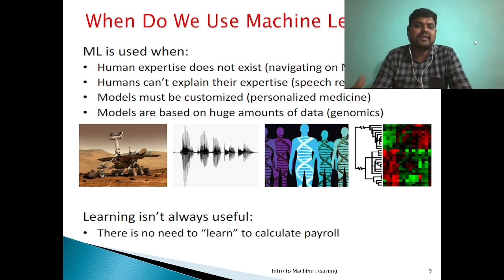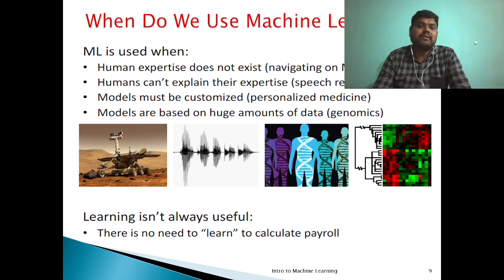Then, humans cannot explain their expertise, right? So it is not possible to annotate all the digital data that are being generated day by day. Approximately 2.4 quintillion bytes of data are being generated every day on digital platforms like YouTube, Facebook, LinkedIn, etc. It is not possible for humans to annotate or process all this data in order to get insight into the data, right?